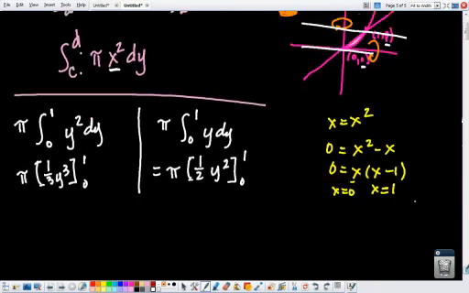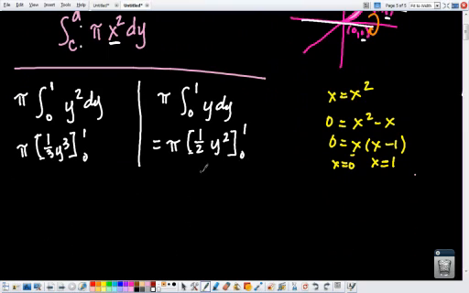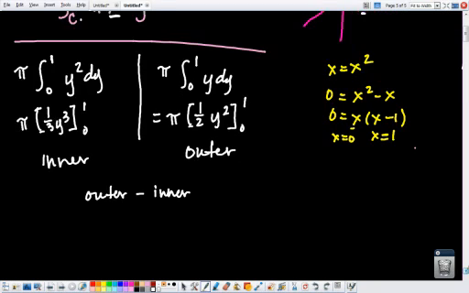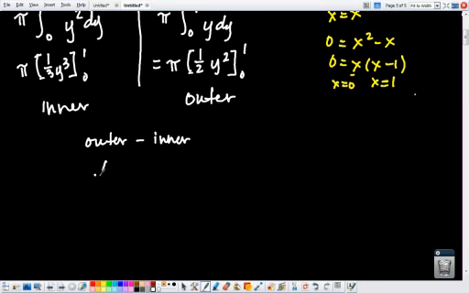So in this case, this would be our outer, and this would be our inner. When we do our difference, we say outer minus inner. When we substitute 1 in here, we end up with half times pi.